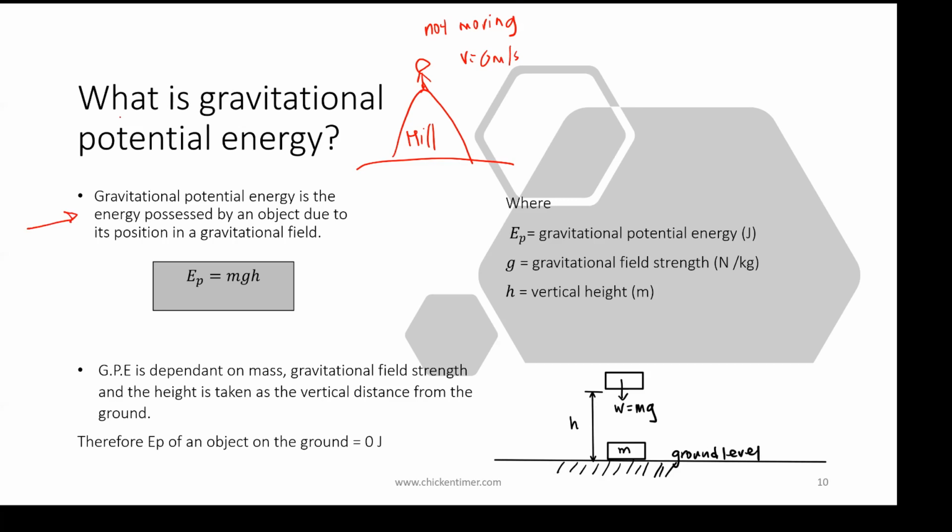It means that something or someone or an object has gravitational potential energy because of the high position it is in the gravitational field. Or in simple words, if you stand at a higher ground, you have more gravitational potential energy than someone standing on the floor, at ground level.